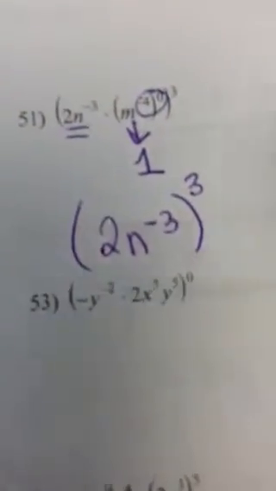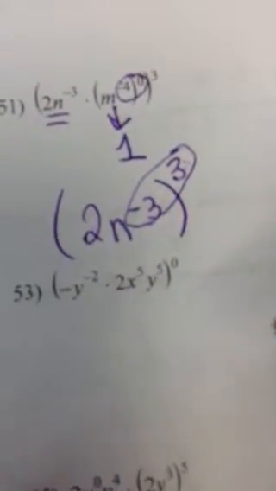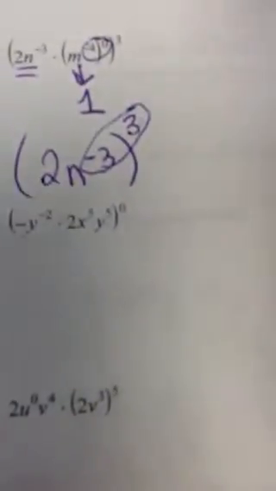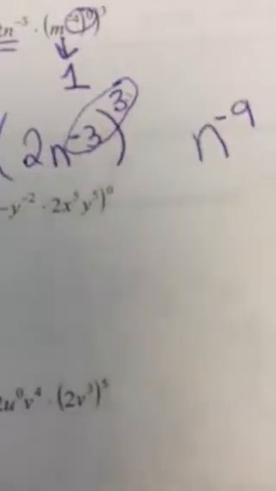So this is in your foldable. If I have a power raised to a power, I multiply them together. So negative 3 times 3 is a negative 9. But I also have this coefficient, 2 to the third power would be 2 times 2 times 2, which is 8.